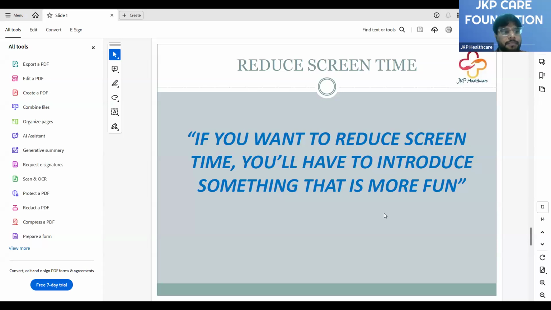Are we giving something which is more interesting for the child? No. Then why would the child settle down with anything less than mobile? So we need to find out the interest of the child and divert his attention towards something which is more meaningful.